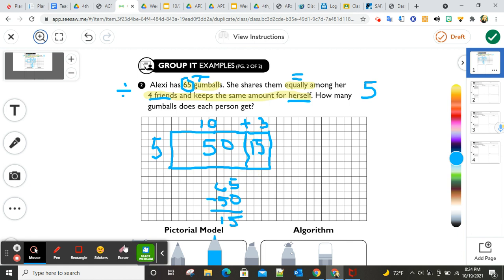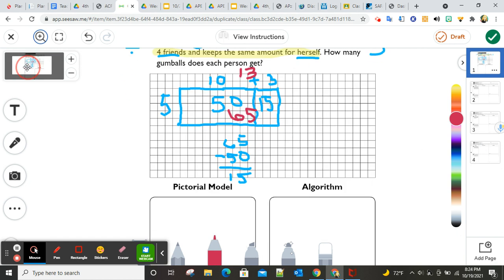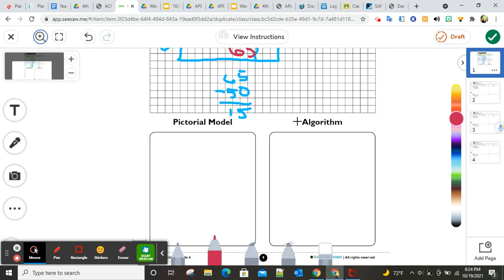When I add that together, I get 65 total. So there's 65 total in here, which is exactly my total. 10 plus 3 is 13. So 65 divided by 5 equals 13. We're going to do this 2 more times, but in different ways.